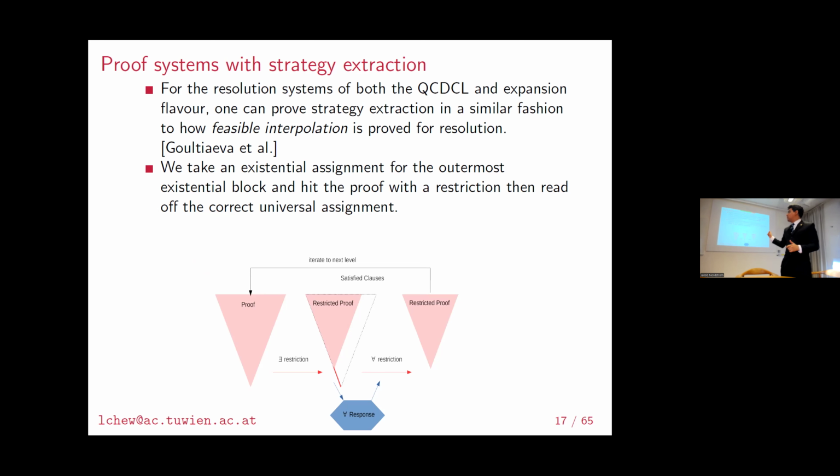When you do that, you can actually then update the proof, restrict it with those existential variable values, and it then becomes obvious what your outer block of universal variables should be in order to continue to restrict this proof. So you extract out your response, and then you plug it back into the restricted proof, and you just keep on iterating until you reach a restricted proof where everyone has played their games, in which case it must be that a clause is falsified.